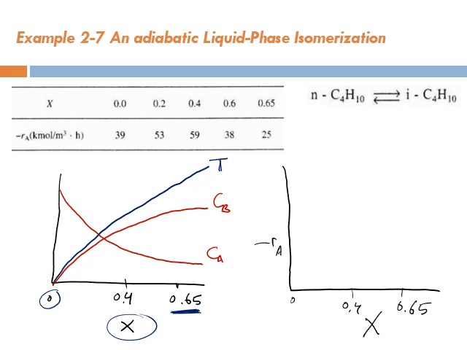Now I'm going to show you the effect of the change in concentration only. If only the concentration was changing, then the rate of reaction will decrease, right? Let me plot it again.